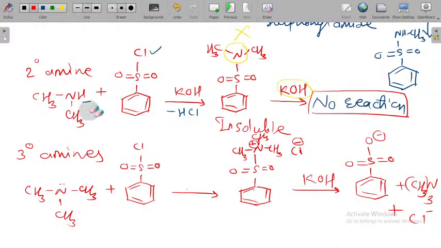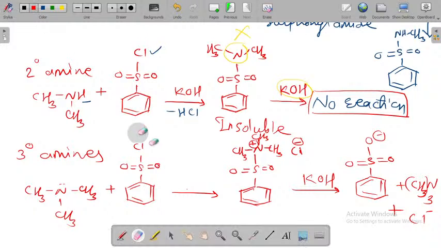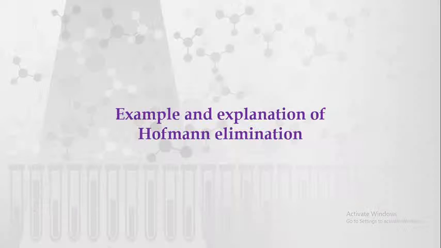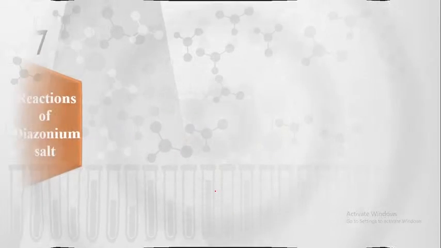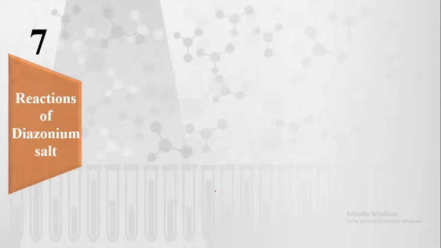Now these are the reactions which show the classification of primary, secondary and tertiary amines. Now we'll see the next reaction, that is reactions of diazonium salts.